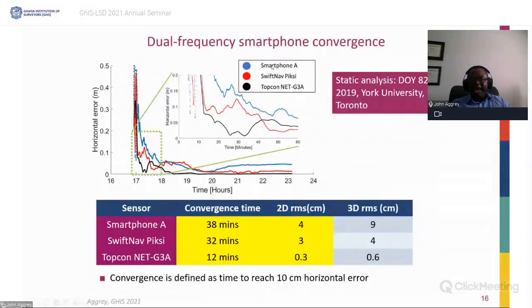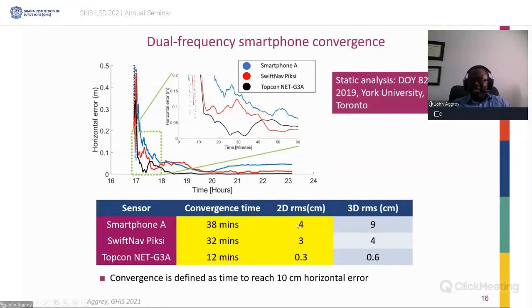Now, if we are using a smartphone, in this case smartphone A, it took 38 minutes for it to fall under 10 centimeters. You can see here, in 38 minutes, the solution converged to 4 centimeters.